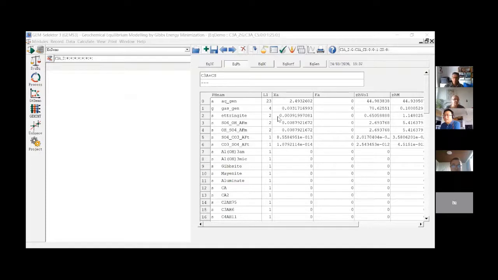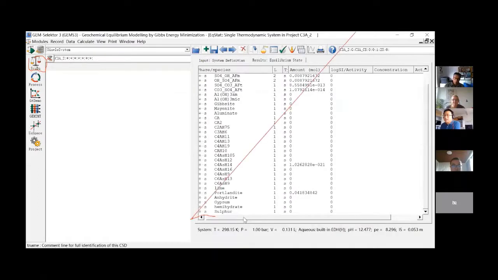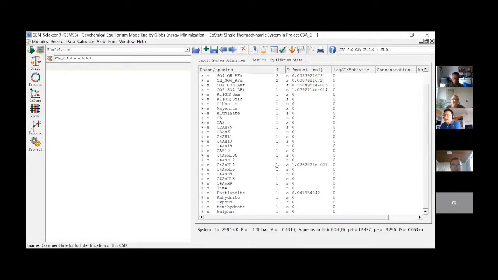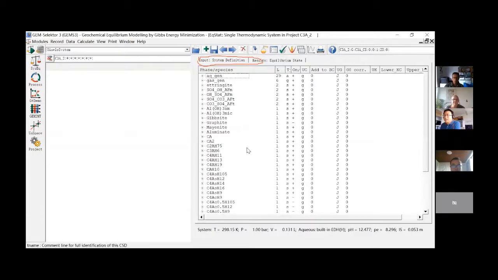Please press on C3A CaO. Yes, and then you go to the left here. And then you go to input system definition. That's basically this one. You press on it. Yes, now we see the input. Now you go to the left again. But what I want to do, there are two phases which often make a problem.